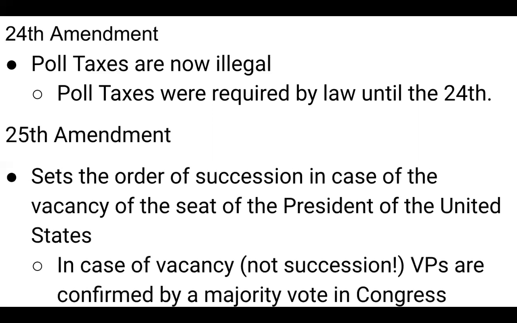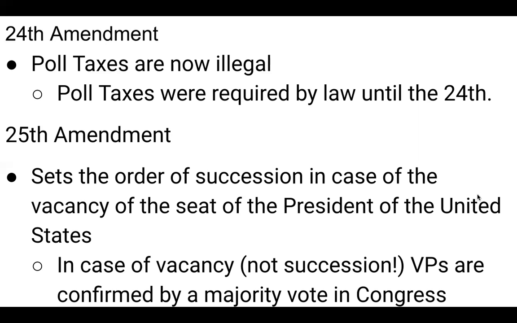25th Amendment just sets the succession in case the president and vice president go down in whatever manner. There was a widely accepted order of who would become president, but it didn't extend very far at the time. So the 25th Amendment just really writes it down.